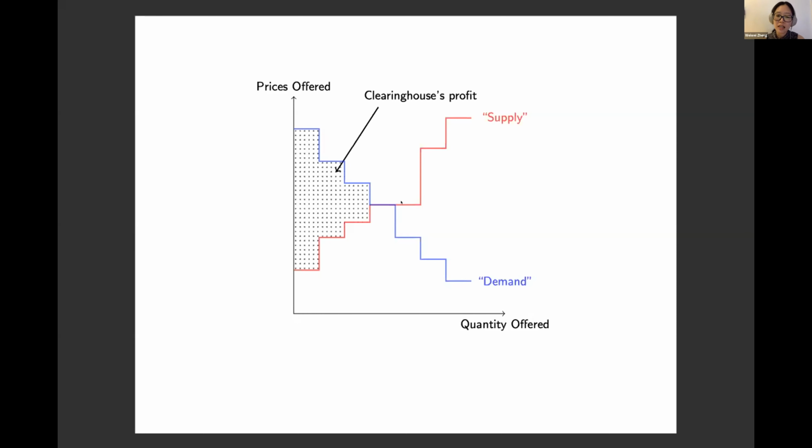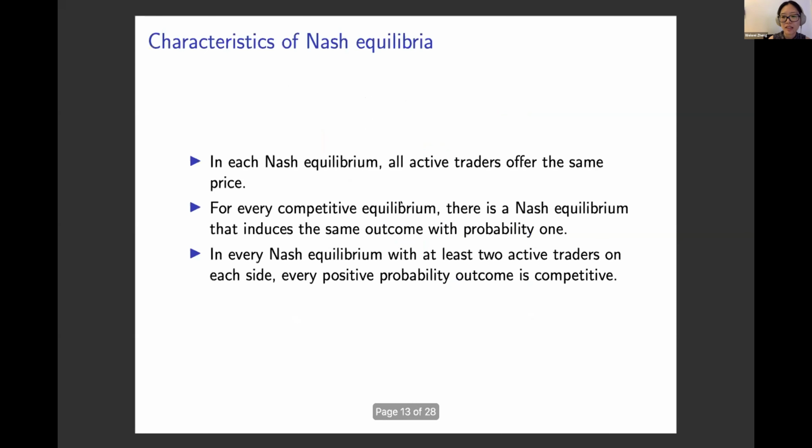So how would a Nash equilibrium look in this mechanism? Firstly, we can show that all active traders in this mechanism will offer the same price. Here by active, we mean that the person has a chance to trade in that Nash equilibrium. And then we can show that whatever competitive equilibrium it is, we can find a Nash equilibrium that induces the same outcome with probability 1.